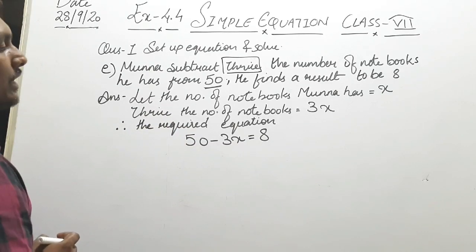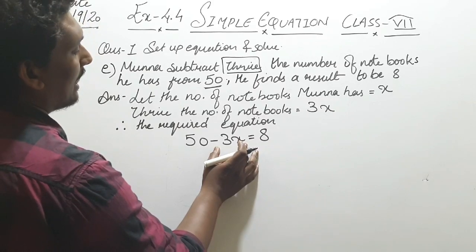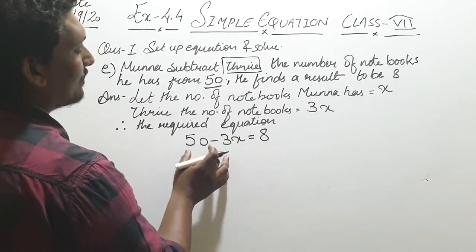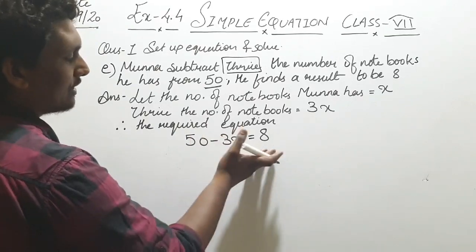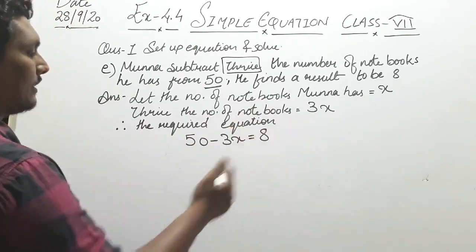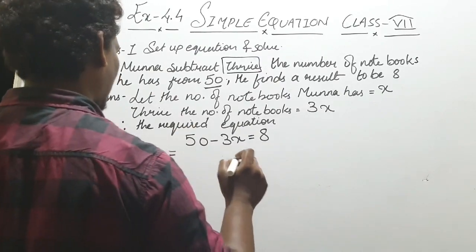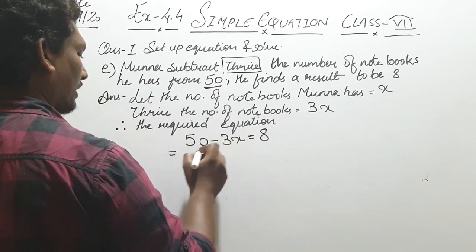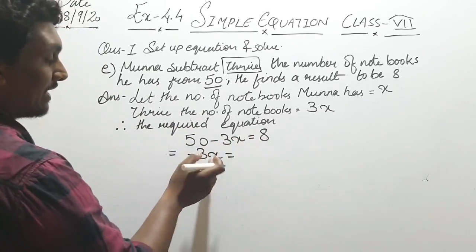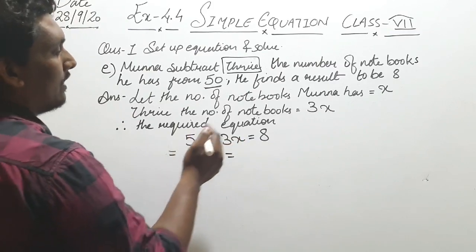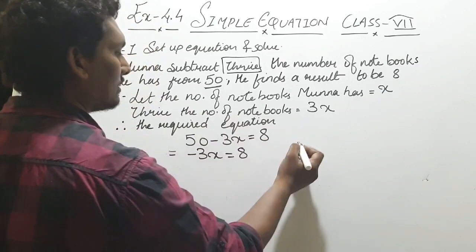So what we have to do is, we are going to shift this minus 3x, or we can shift this 50 to here. In both cases we will get the same answer, right? So minus 3x is equal to 8, as it is. We are transposing 50 to the RHS.